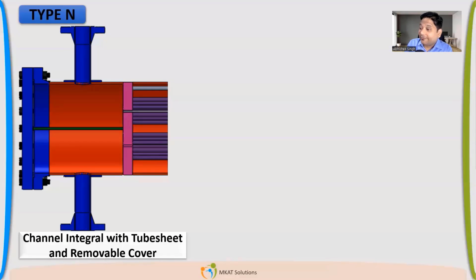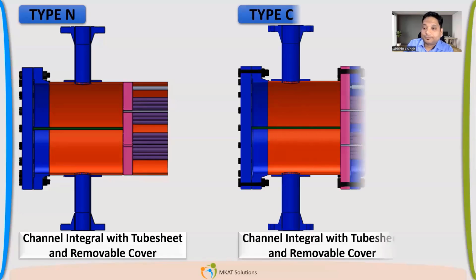So if I have a lethal substance, I put that in the shell side fluid and there is no worry about any leakage because there is no bolted connection. Making sense? If I have a lethal substance, I'll put that into the shell side, right? That is the advantage of type N.